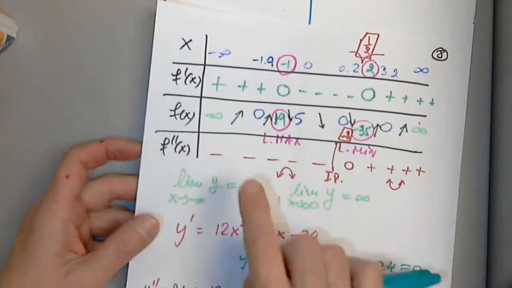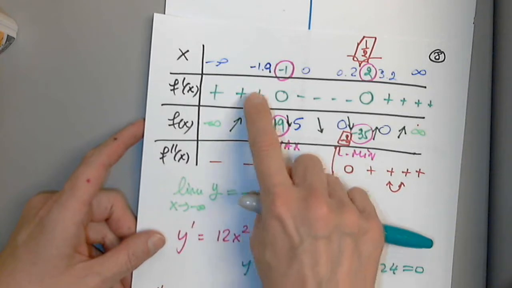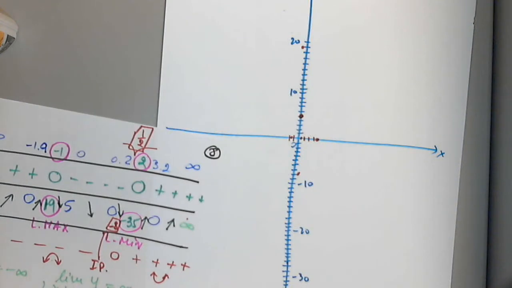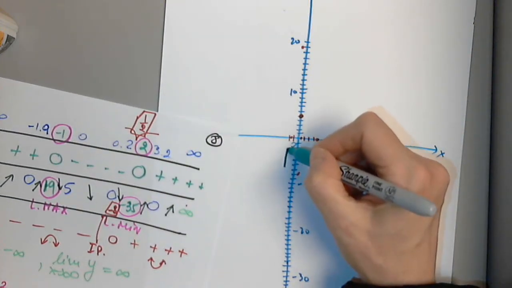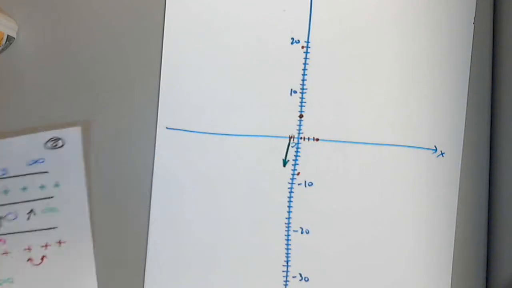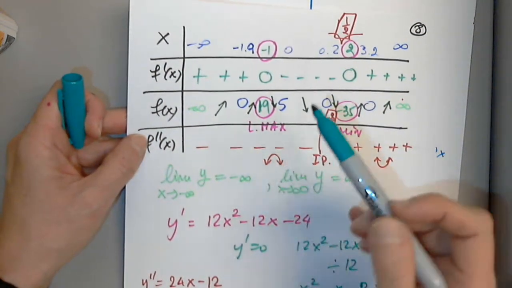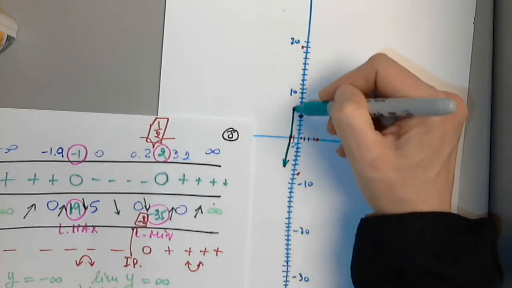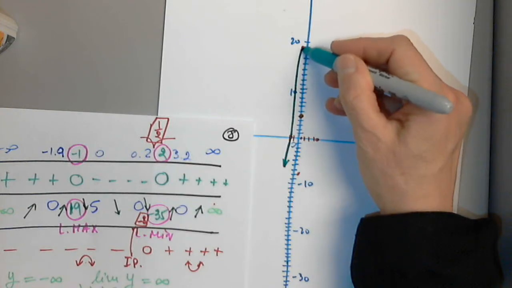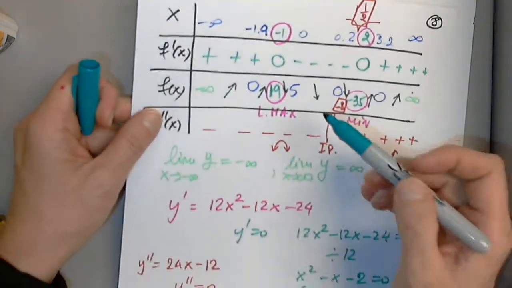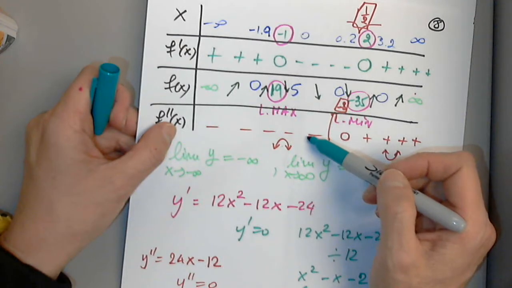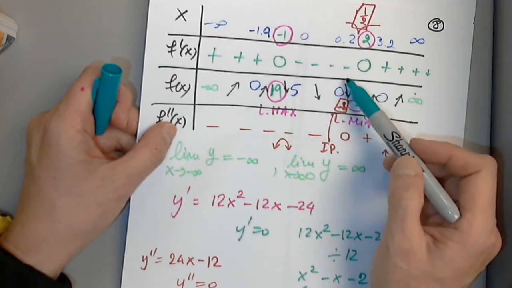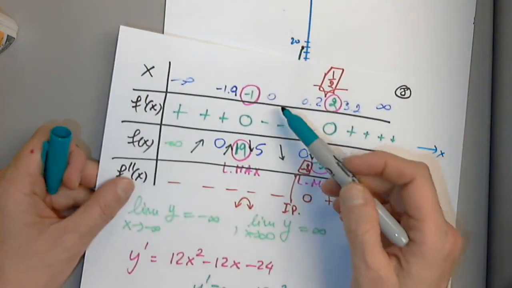Ready? From negative infinity, increasing to this point of x-intercept, opening downward. Continues to open downward. It reaches a maximum at negative 1, 19. And it continues to decrease now, still opening downward, to the next point of x-intercept, crossing at 0.5.